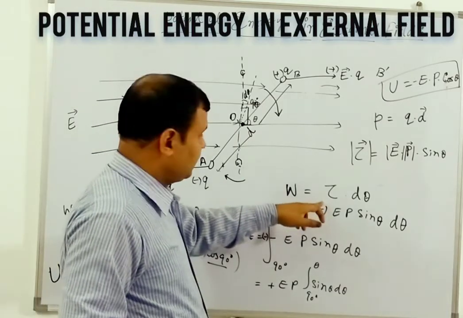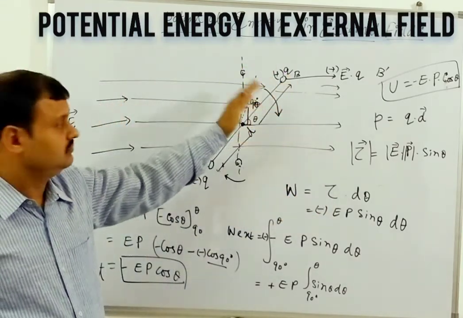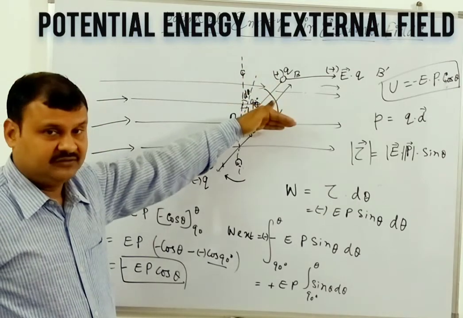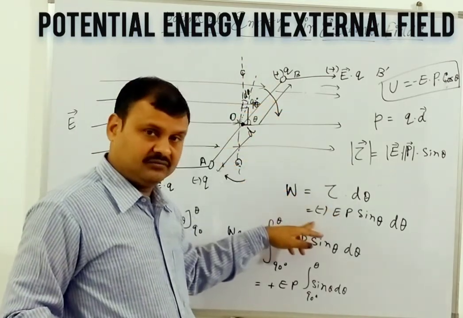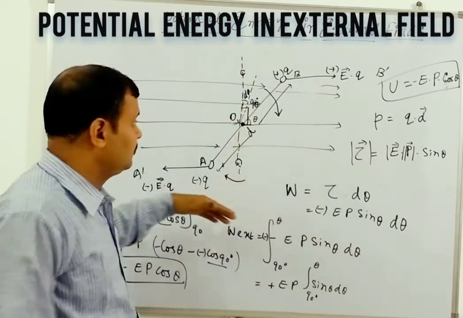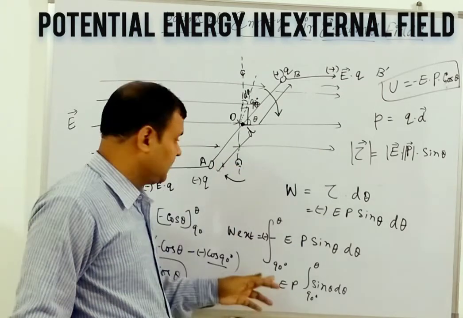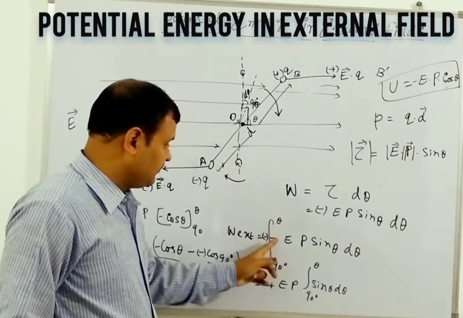Tau does not do any work, because the electric field is moving this dipole in this direction. So tau has negative work, and the external work has to be opposite to tau, so negative becomes positive work.